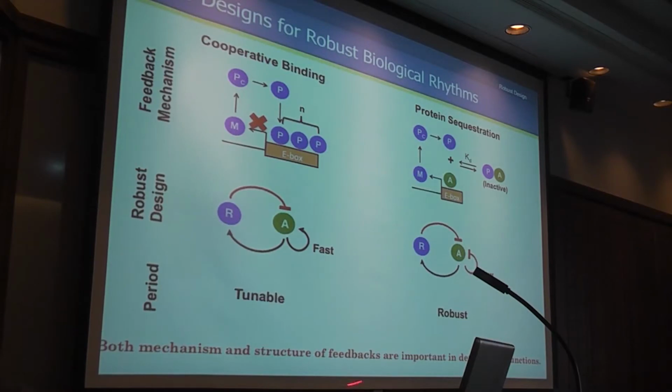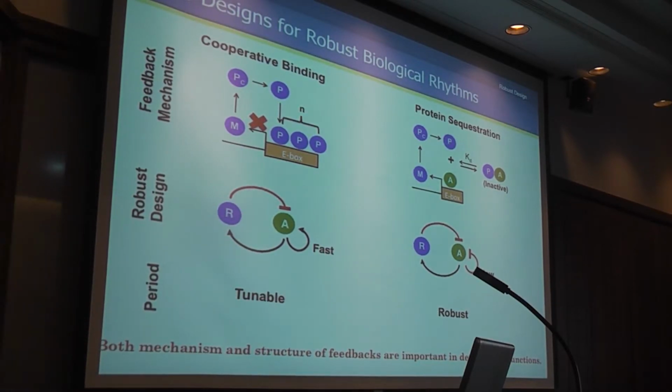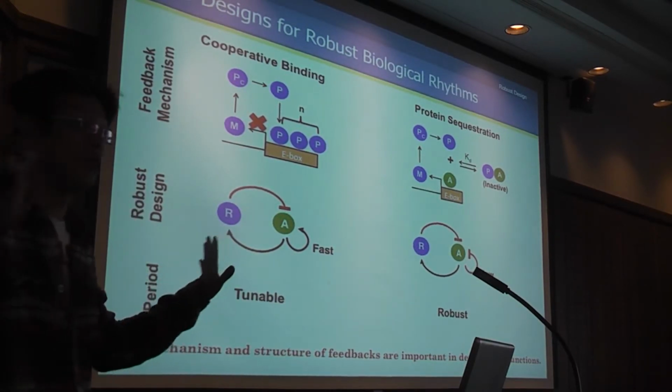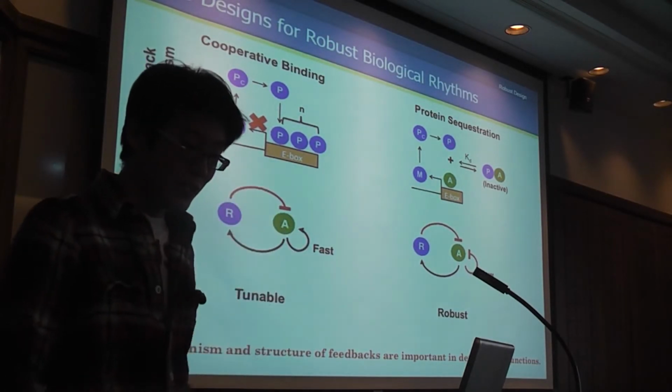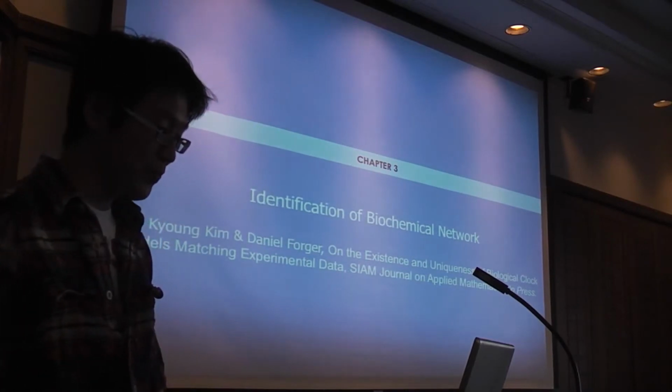In biology, both the mechanism of the feedback loop and the structure are important to determine function, because most studies only focus on structure. But as you can see, depending on how the repression works, the result could be opposite. So yeah, this is the end of chapter 2.